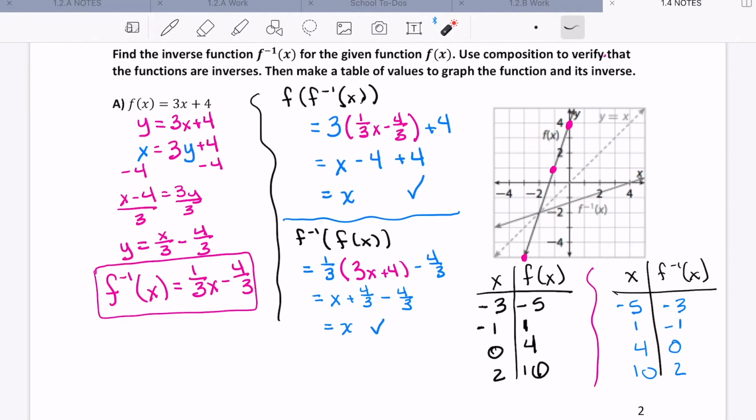Okay, plot these points, and we would have a point at -5, -3, 1, -1, 4, 0, and then of course 2, 10, 2 would be off of our chart somewhere up here. And you can see this is how we would graph our lines. We would have our points, connect our points, and that would make up your function.